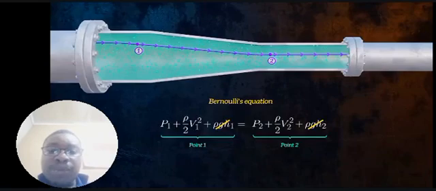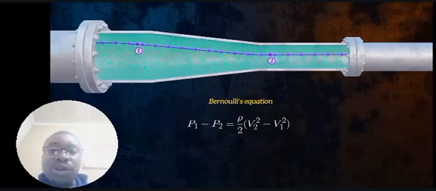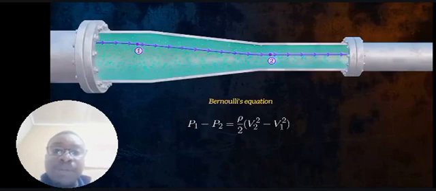Since as we move from point number 1 to point number 2, our height is not going to change significantly, that term is going to be constant, and hence we can cancel it out. And when we rearrange the equation, putting our pressure terms to the left, we end up with that equation where we have P1 minus P2, a pressure difference, being equal to the term to our right.